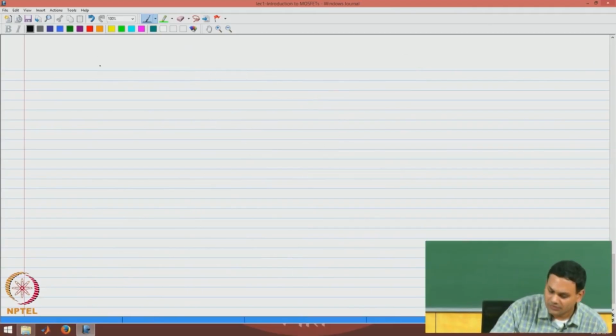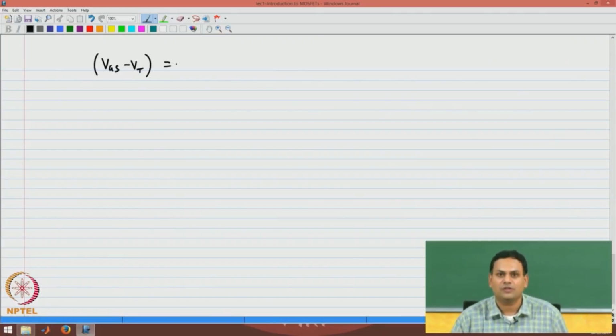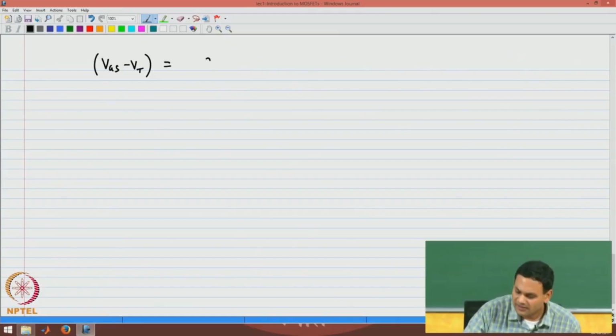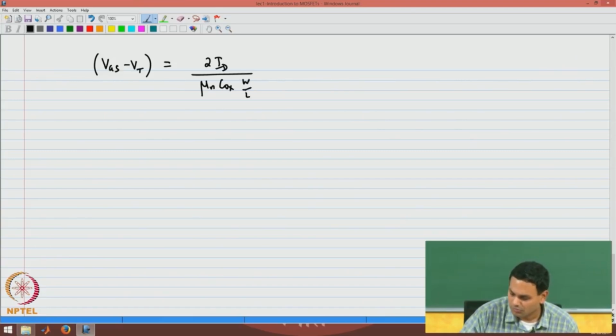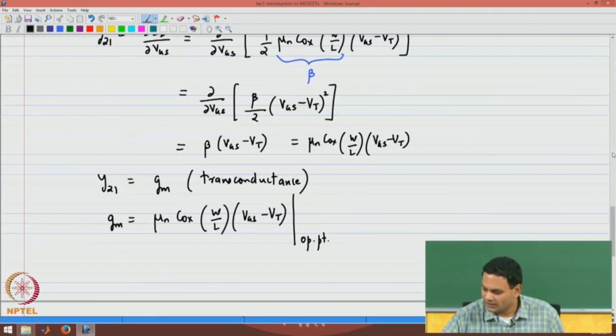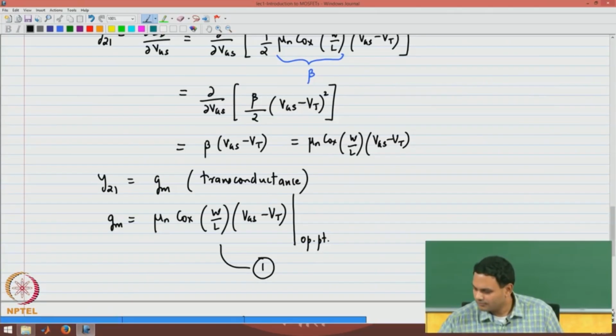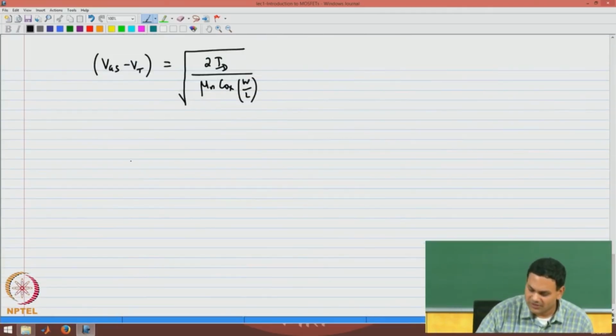So, VGS minus VT from the current equation of the MOSFET in saturation is nothing but 2 ID over mu n C ox W over L placed under the square root sign, and therefore, I will call this expression number 1, and so now from this you can replace the expression for VGS minus VT inside the GM equation.